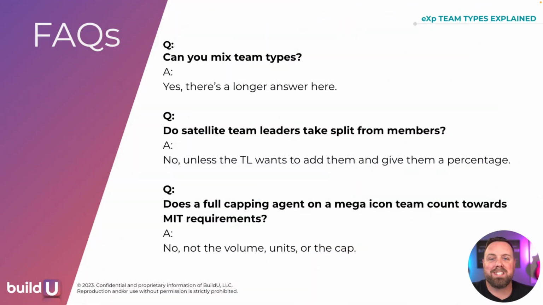All right, the first question is, can you mix your team types? Well, that sort of depends. You can't mix a mega icon team with a standard team, but you can mix a standard team with, let's say, some agents that are on a full cap elective, therefore giving you sort of a self-organized / standard team. You can also mix a mega icon team with a self-organized team in that same regard.